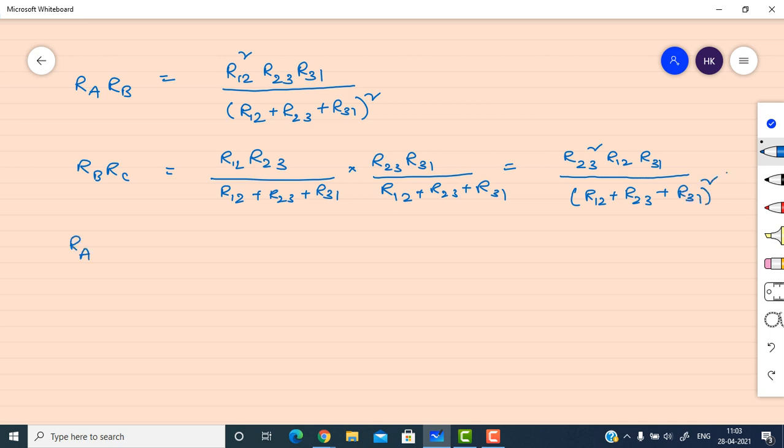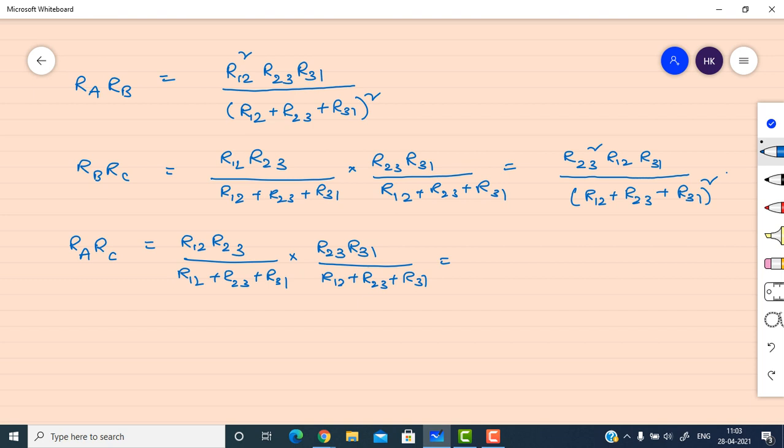Next, RA into RC I am multiplying. RA is R12 R31 by R12 plus R23 plus R31, and RC is R23 R31 by the same denominator. So if you multiply you will get the next product. RB, is that equation correct?